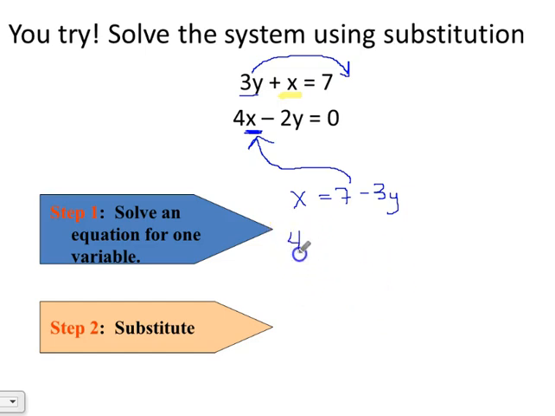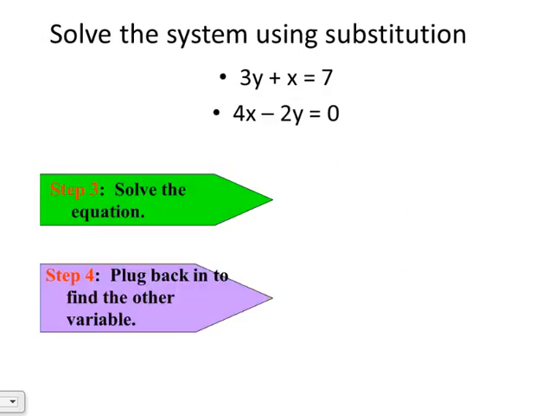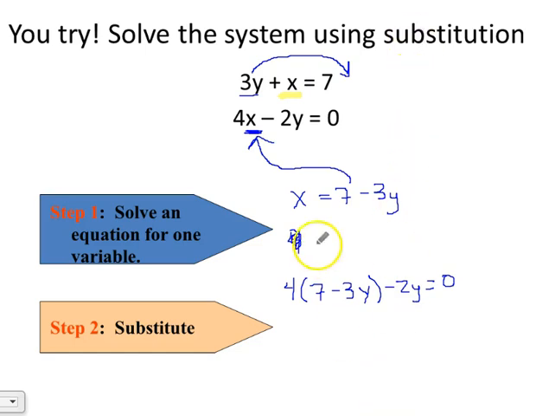So we would have 4 times, here's my x, so now I know x is equal to 7 minus 3y, minus 2y equals 0.